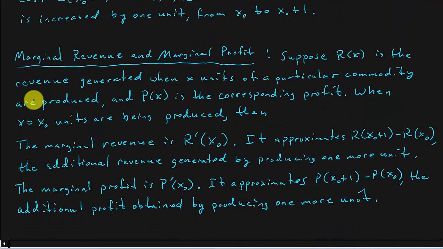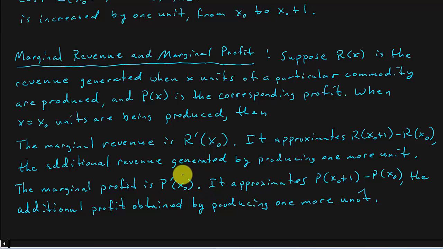So suppose R of X is the revenue generated when X units of a particular commodity are produced, and P of X is the corresponding profit when X equals X naught units are being produced. Then the marginal revenue, R prime of X naught, approximates R of X naught plus 1 minus R of X naught, the additional revenue generated by producing 1 more unit.